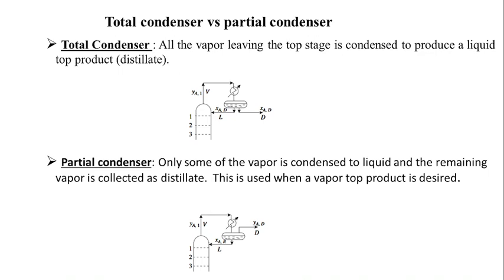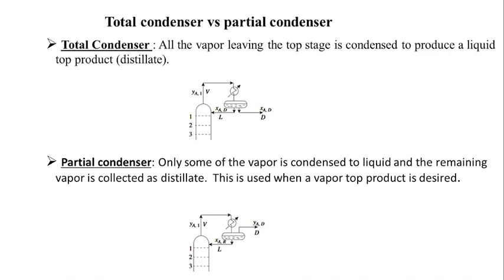So just to clarify, you require partial condensers when the requirement is for a vapor product. Under that condition, you will still require some liquid because the reflux is going to be liquid. It can also happen that you need a vapor-liquid mixture as a product, but you need liquid as a reflux to the column.